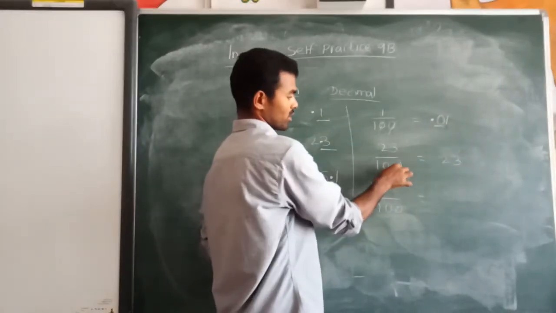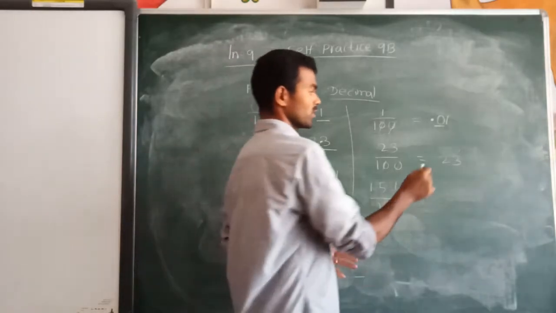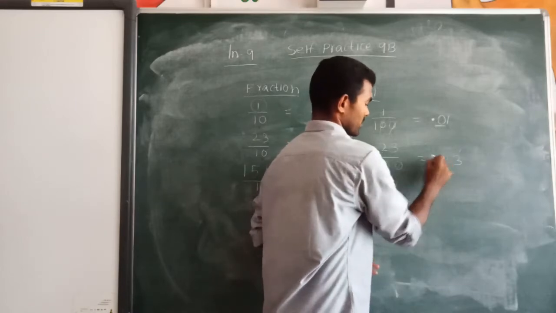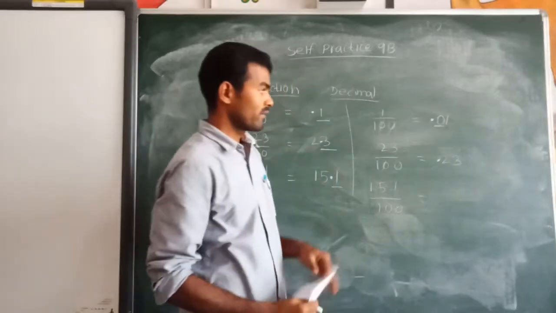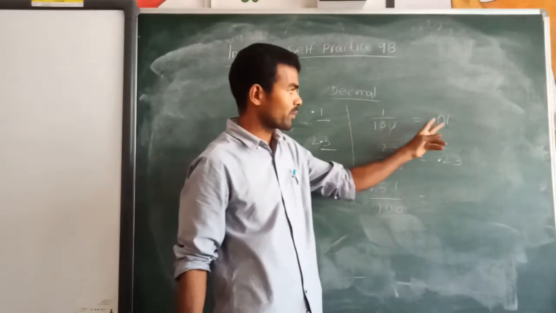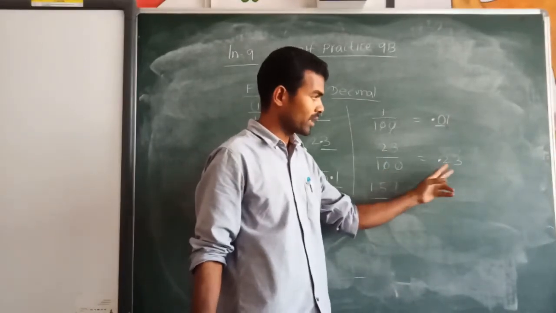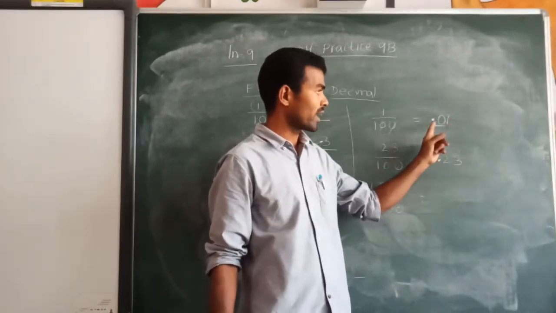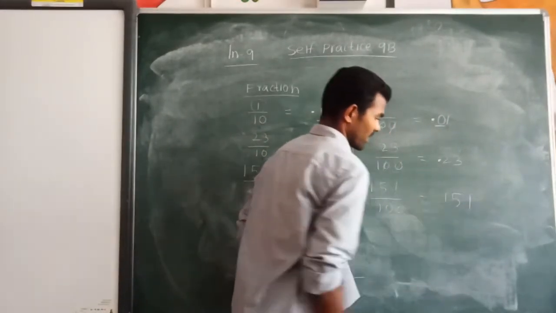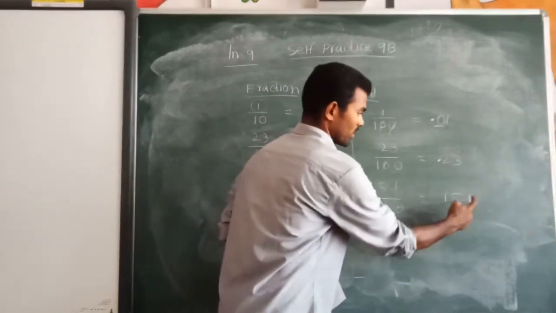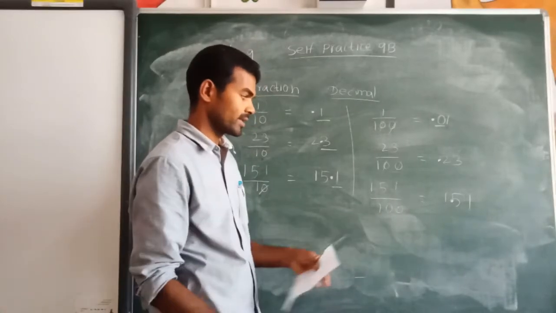There are two 0s, so put the point so that after the point there are 2 numbers. If you divide by 100, after the decimal point there are 2 decimal places. So here also, where do you write the decimal point? 1, 2, like this only. Got it?